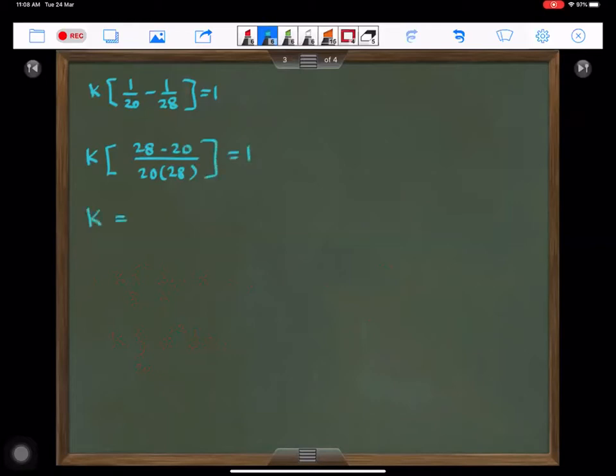Therefore, k is 20 into 28 divided by 8. And then when you simplify, 4 2s are 8, 4 5s are 20, and 2 1s are 2, 2 14s are 28, 5 into 14 is 70. So you obtain k as 70 with basic knowledge of math without using a calculator. That was the first part.